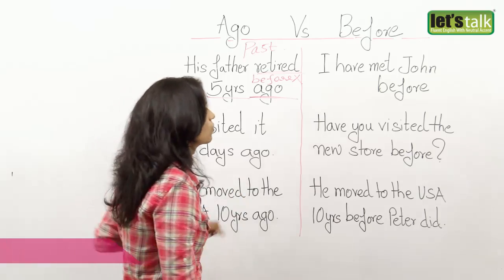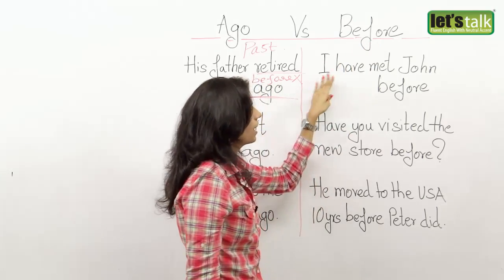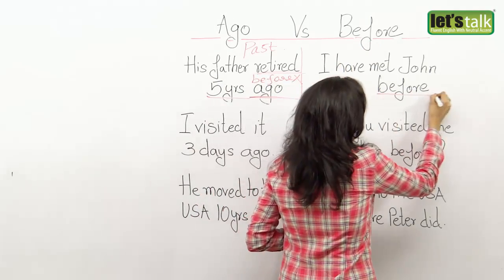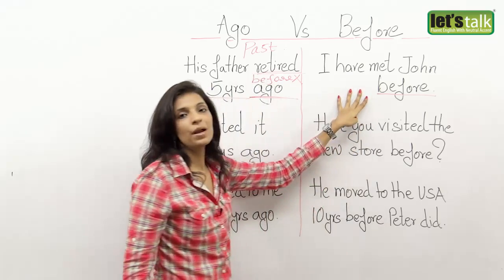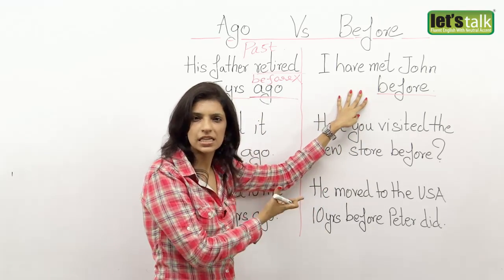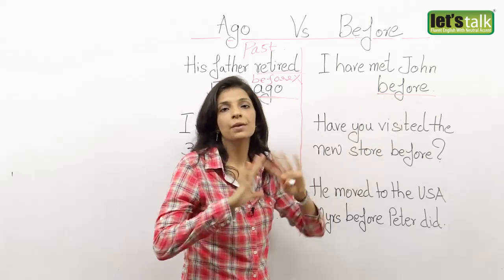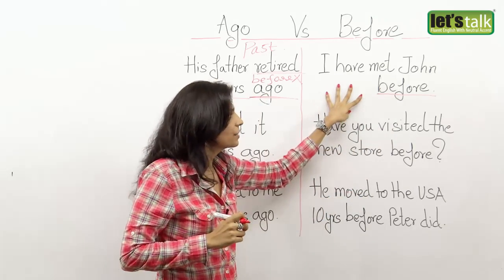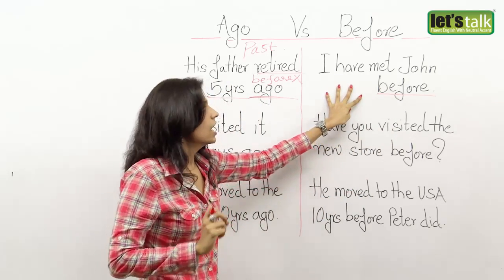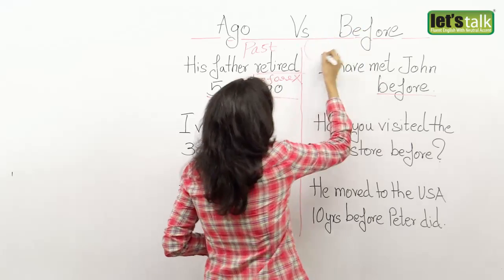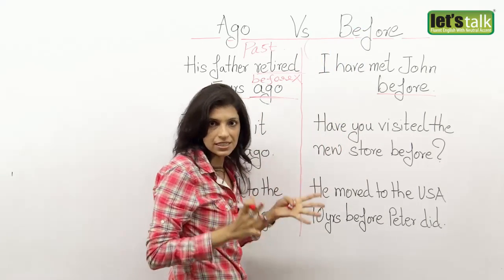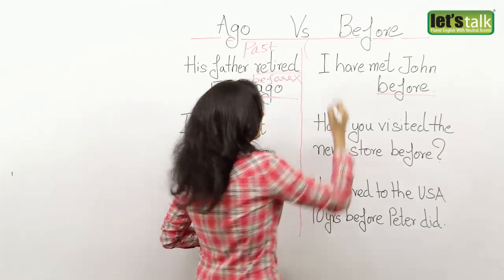Alright, now let's take a look at before. I have met John before. Am I mentioning 5 years, 2 days, 3 weeks? No. If you see the sentence, there is no time period or specified time mentioned. So there is no specific time, or we do not know the time.